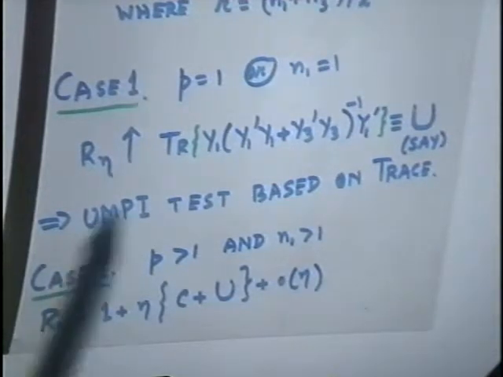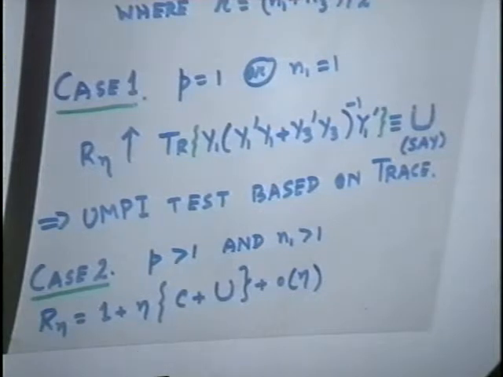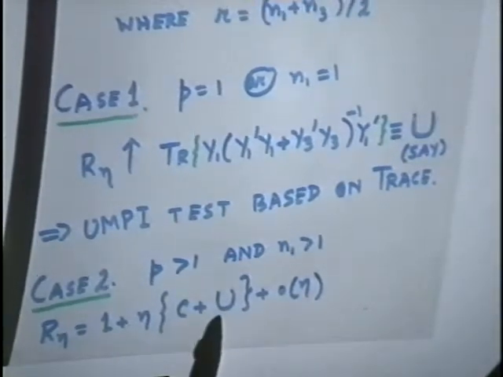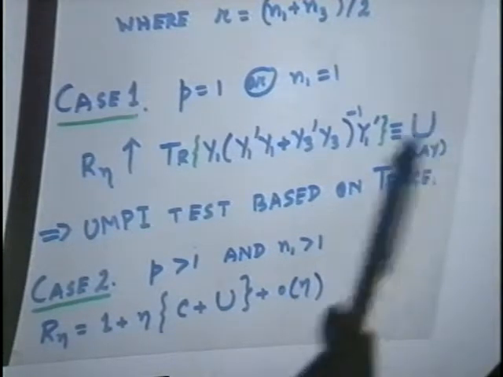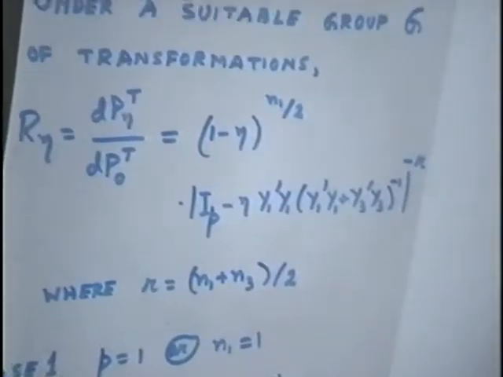On the other hand, if p is greater than 1 and n1 is greater than 1, then there is no UMPI test, but one can expand it, and it turns out that there is an LBI test, again based on the statistic U, which is the trace of this. Eta is sigma1 squared over 1 plus sigma1 squared. Right. So the test based on U is LBI.